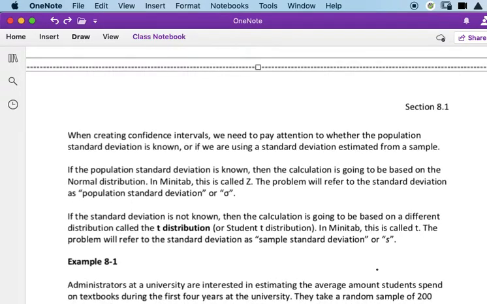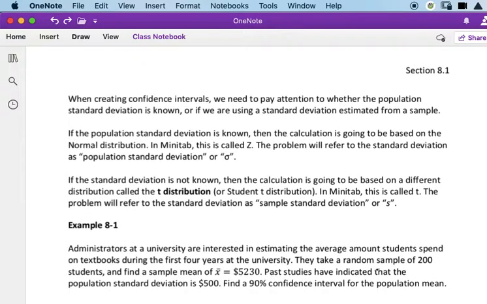Now the second page here is really important for when you're actually constructing these in Minitab. You need to pay attention to whether the population standard deviation is known or if you're using standard deviation estimated from a sample. If you're using population standard deviation, then that means your calculation is based on the normal distribution.